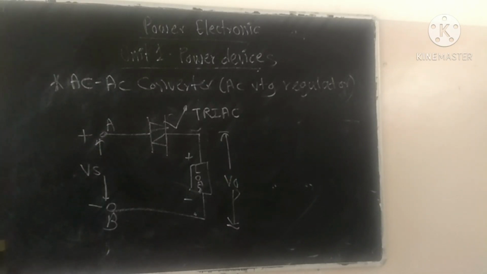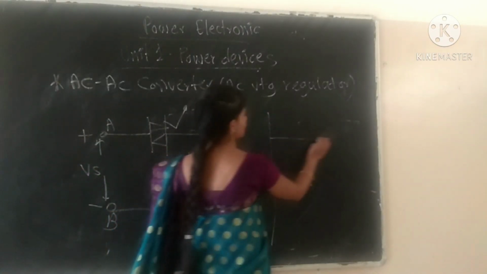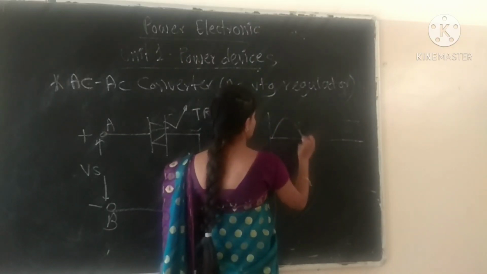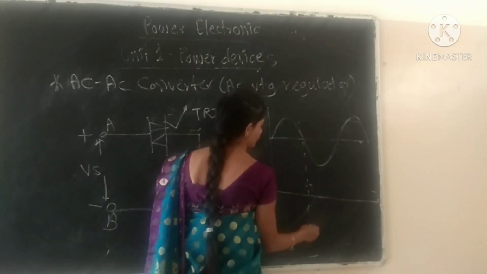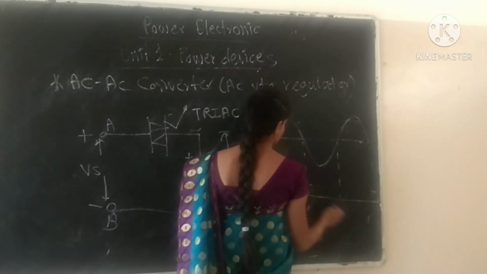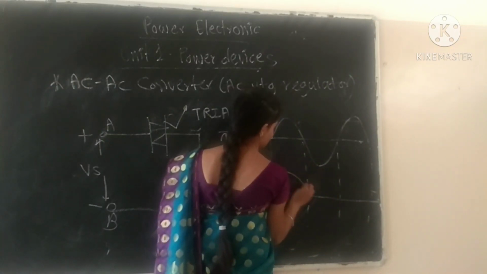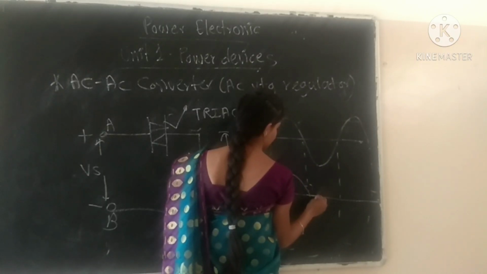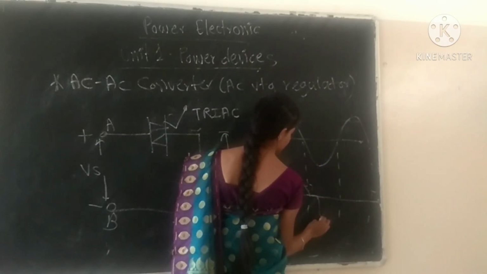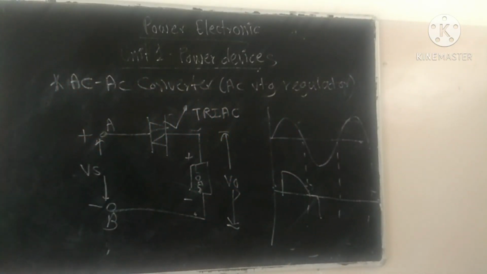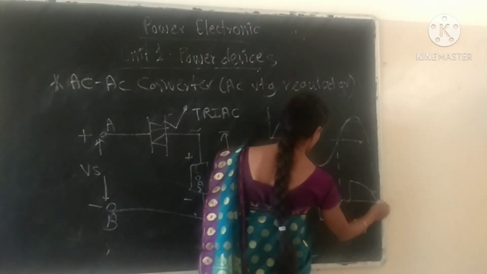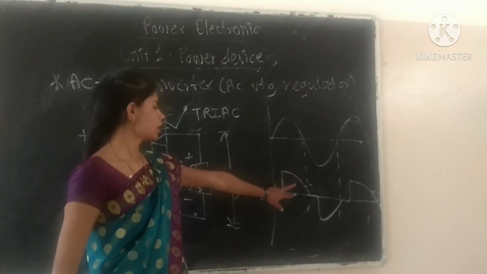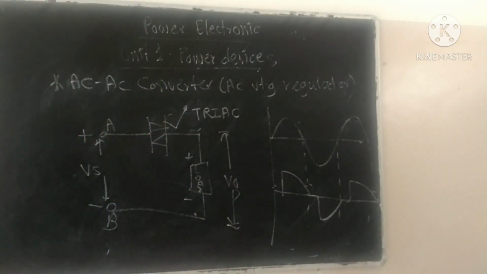And we see the output voltage waveform. In the output voltage waveform, we give a fixed frequency AC voltage as input. The frequency remains the same, but only the voltage gets changed.